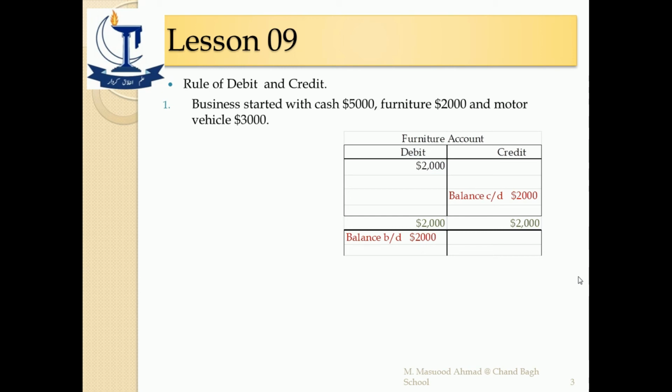On the credit side we don't have anything, no entry is there, only a debit entry. We place a total of 2000 here and here. That is the difference, how it comes to 2000, because when we write 2000 here, we have written it on our own. That is known as the closing balance or carry down balance. We brought it here for the next period.